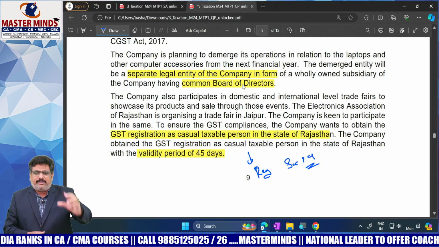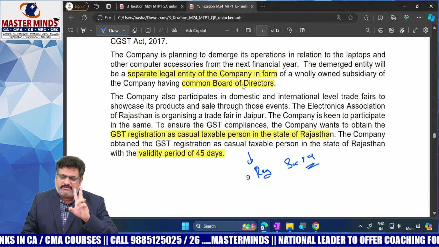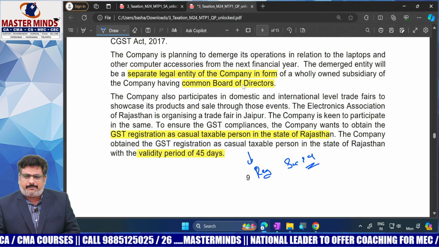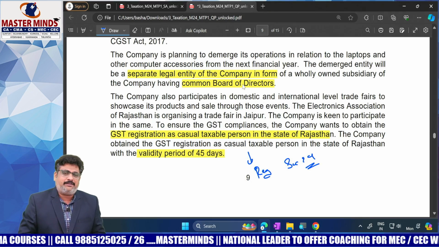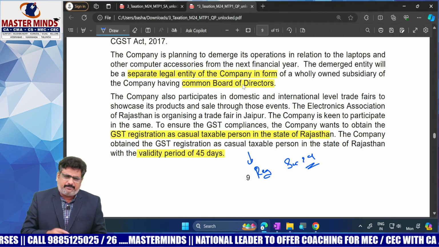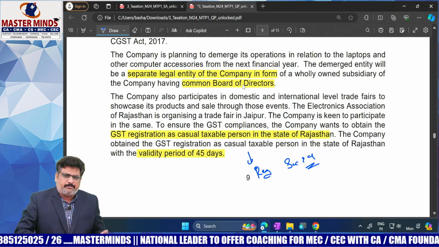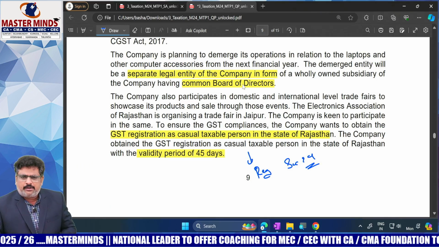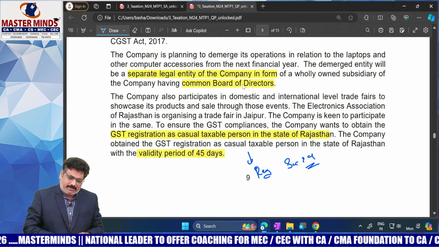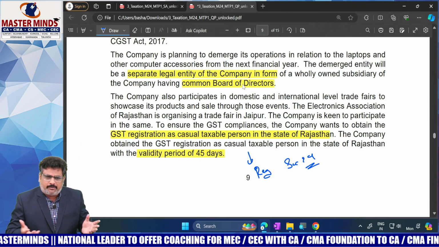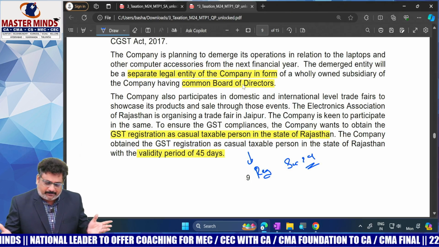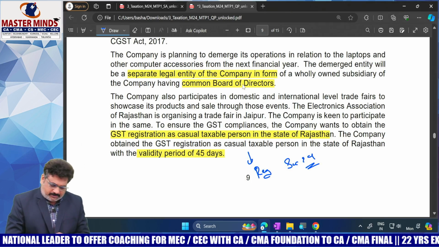See this? In the entire paragraph, two words are actually more important. Separate legal entity. That means it is legally a separate person. Therefore, there is no need to apply deemed to be distinct person here. Second one, common board of directors. If you have a common board of directors, in those cases, the parties will be treated as related parties.